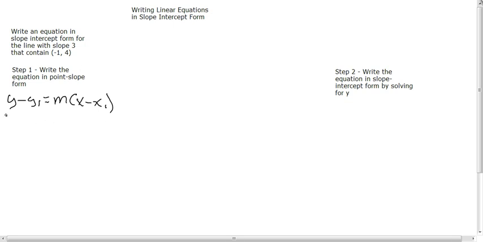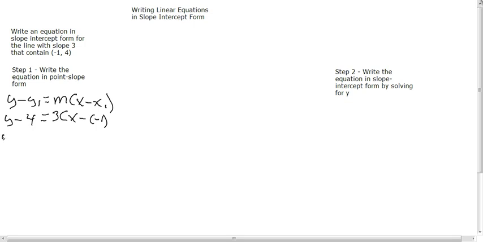So that's going to give us y minus 4 is equal to, we have a slope of 3, so let's make m 3, times x. Now notice this is minus a -1. Okay, so let's go ahead and fix this with our same opposite.